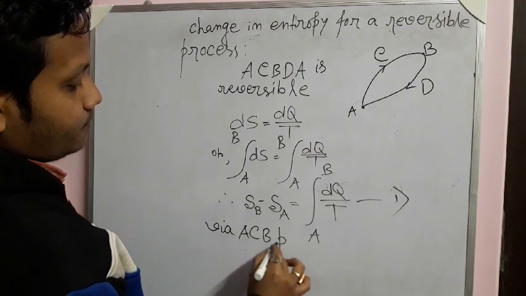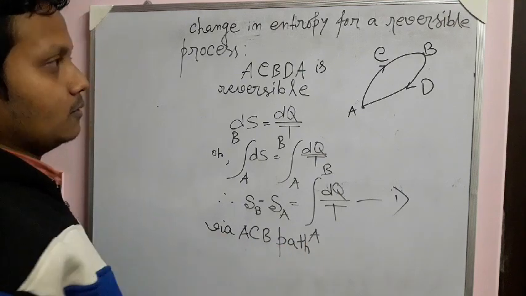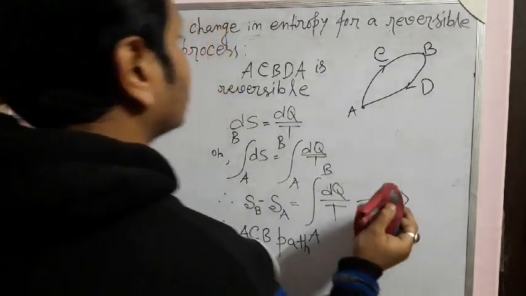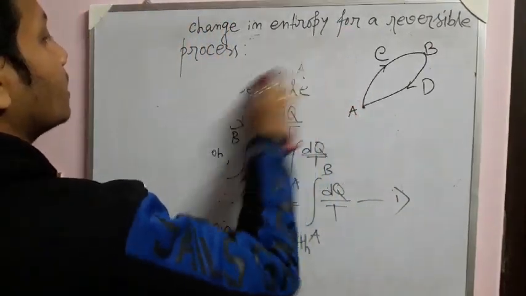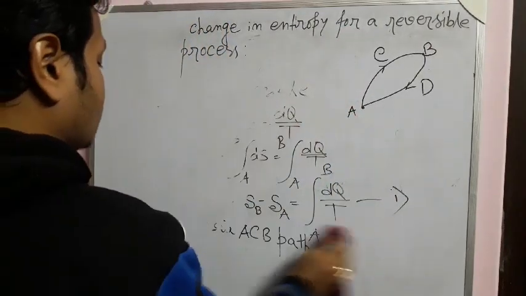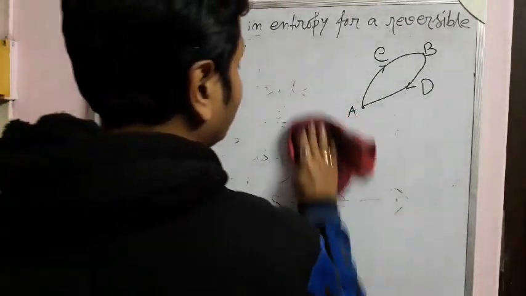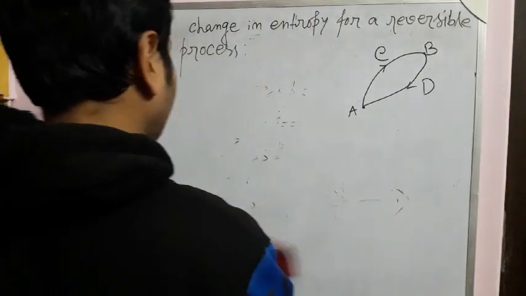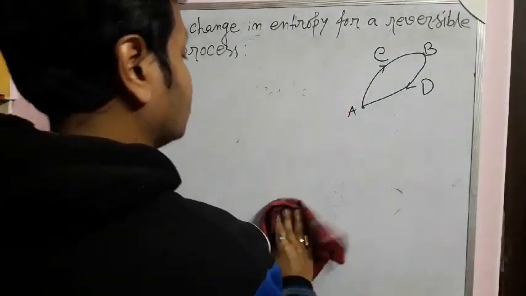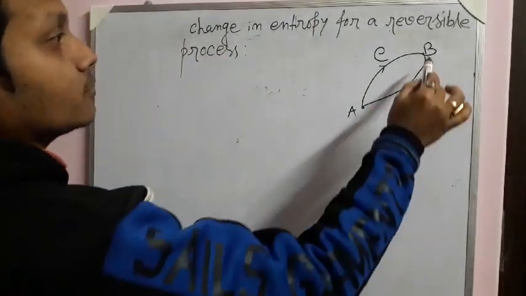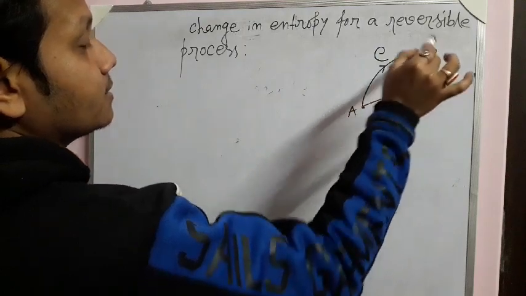Now what will be the change in entropy in returning from B to A via the BDA path? Returning from B to A means A is final and B is initial.